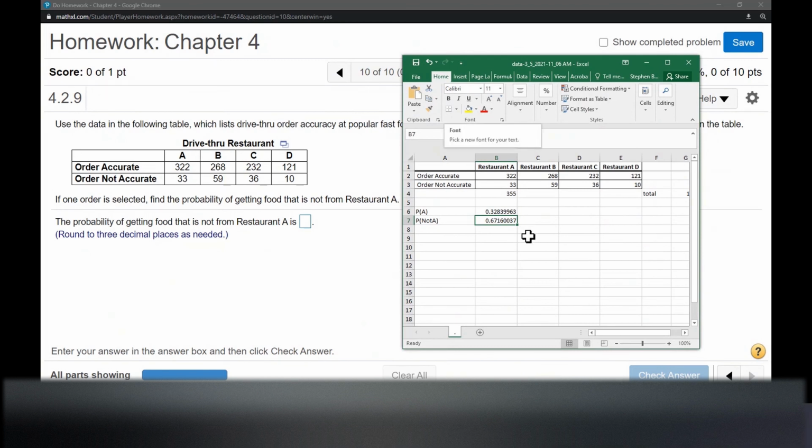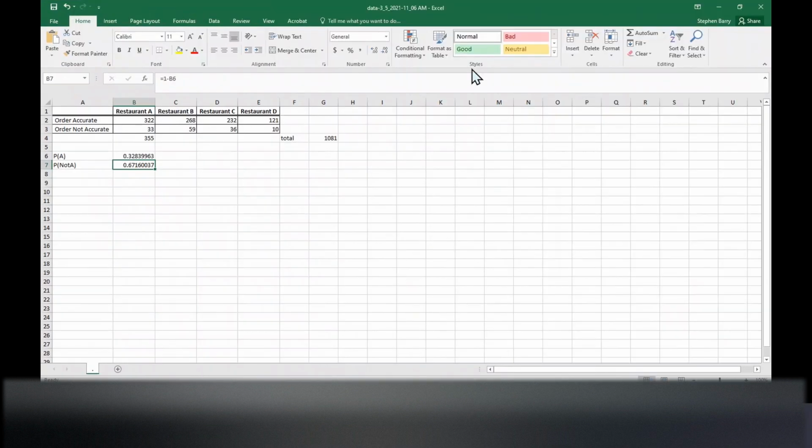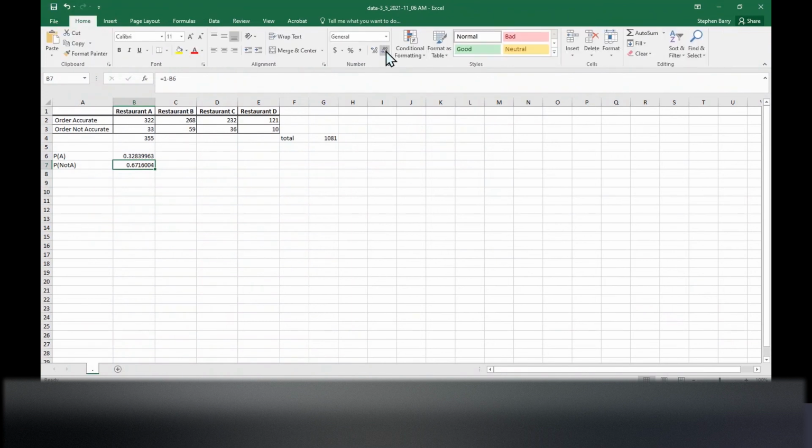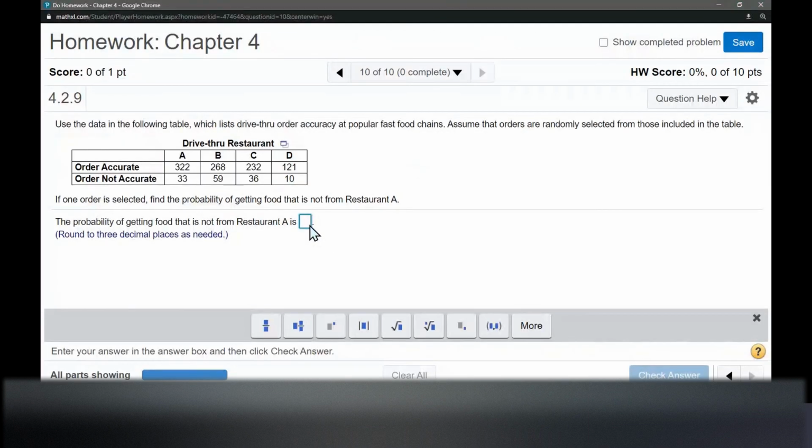So I would say 0.672. And then, if this was a quiz, you'd want to make sure you read everything properly, right? One order selected, find the probability of getting food that is not from A. So yeah, that's good. That means 1 minus from A. Or you could just add up all of these together as well. You should get the same number.